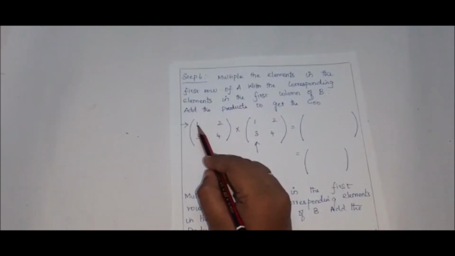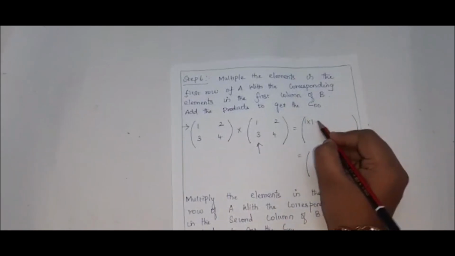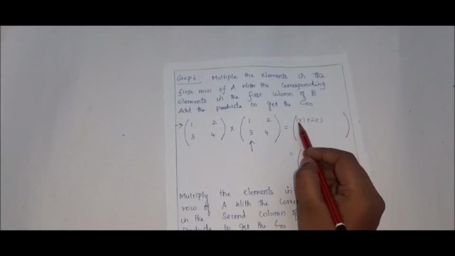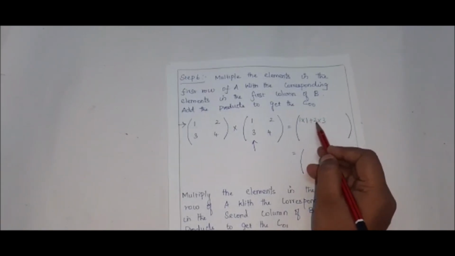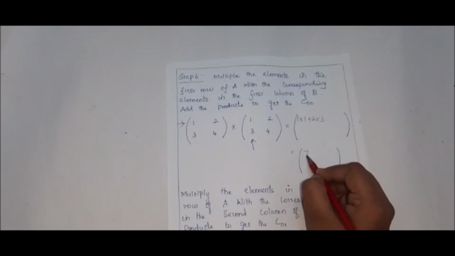So first we need to multiply 1 into 1 plus 2 into 3, which is 1 plus 6, that is 7.